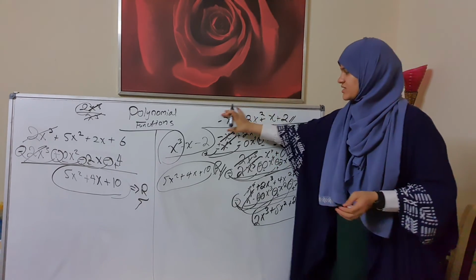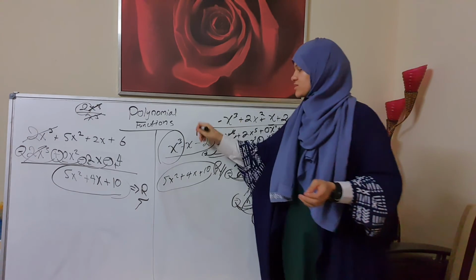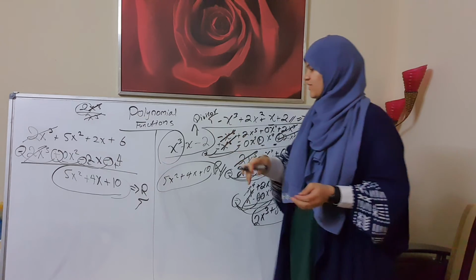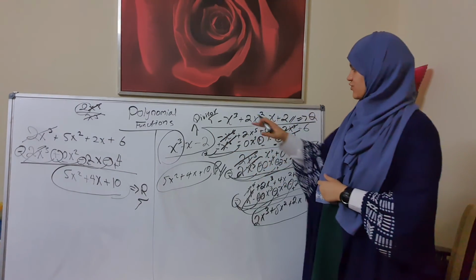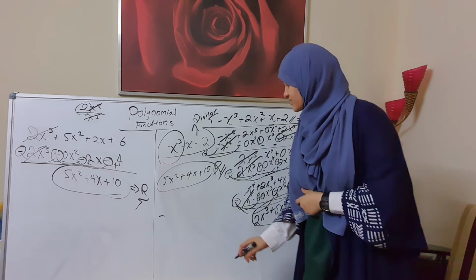Now in the final answer, how can we write it together? First of all, what we get here is the quotient, right? This is the quotient, and this is the divisor. So first of all, we'll write the quotient here. Negative, can you see down here? Yes, you can see.